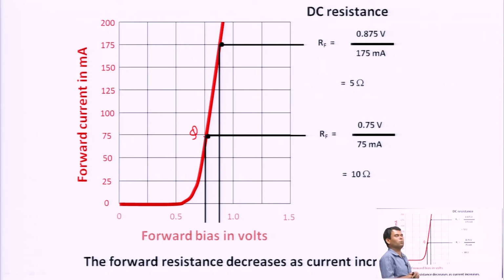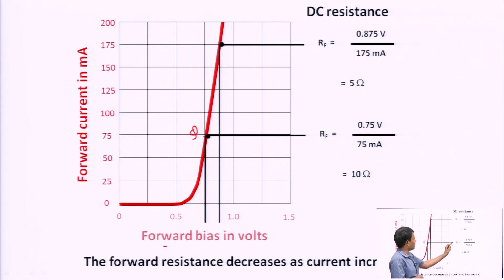We have to take the values of voltage across the diode and current through the diode. When we draw a perpendicular, this is the voltage across the diode, because the x axis is the forward voltage, and on the y axis is the forward current. The current is 75 milliampere and the voltage is 0.75 volt.